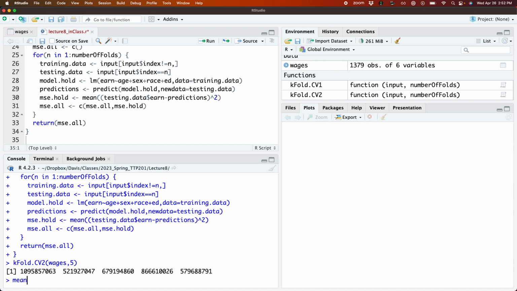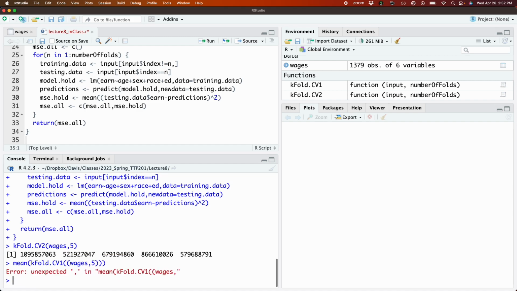And in fact, if I do something like the mean of these, oh, what did I do? K-folds. Oops. I have too many.